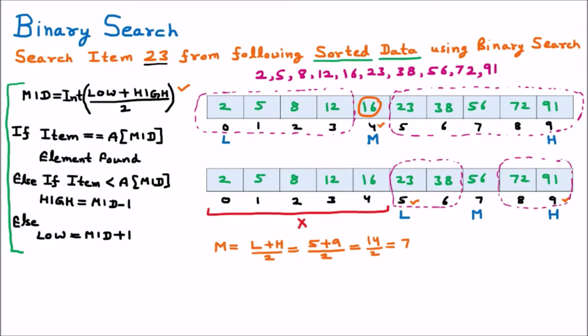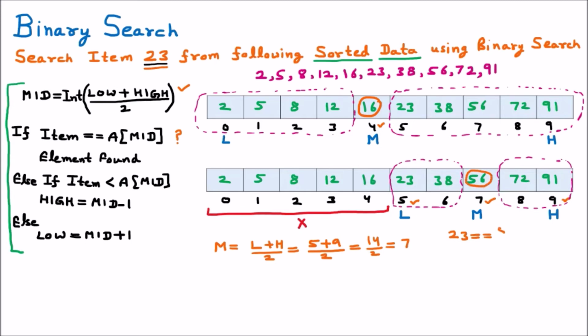First we check the if part, that is item equal to A middle. The item we want to search is 23. So we are checking, is 23 equal to A middle? Middle is 7, and array middle is 56.